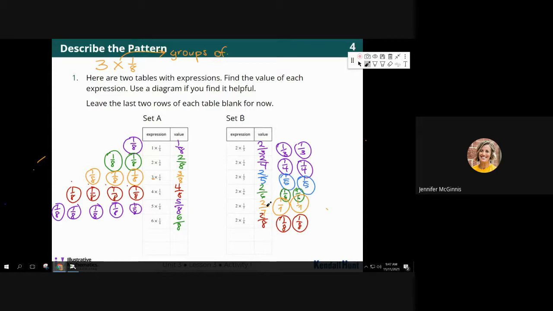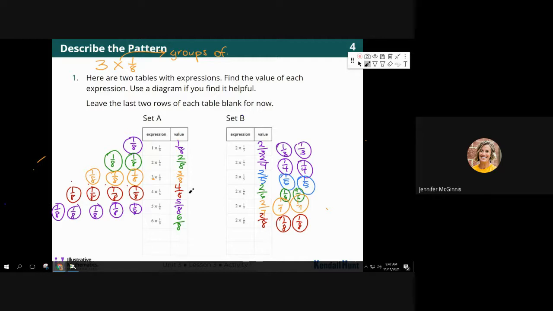And what are the denominators? Table 2, can you join us for our conversation up here, please? The numerators on set A are going up by 1. And over here, the denominators are going up by 1.